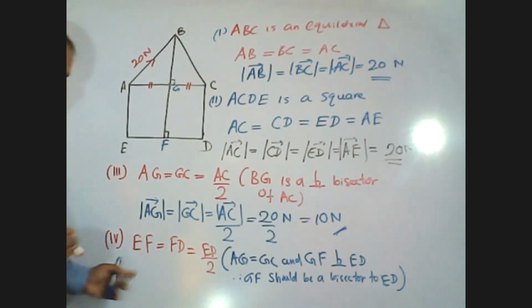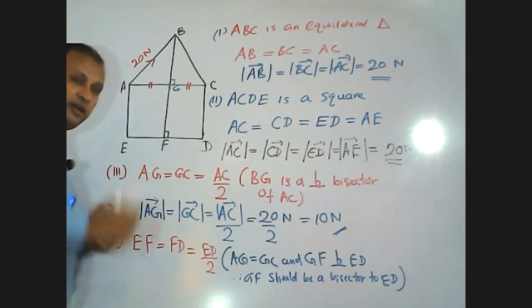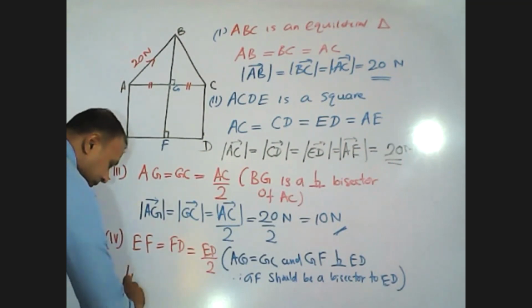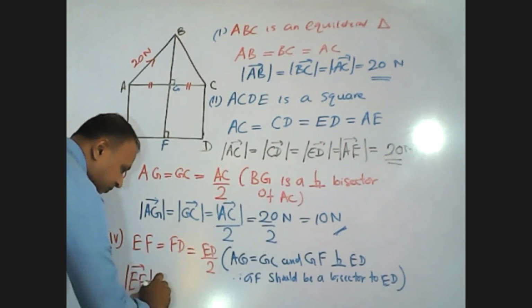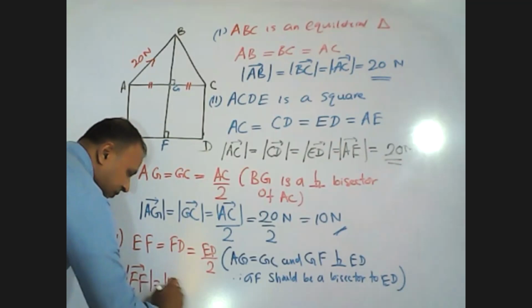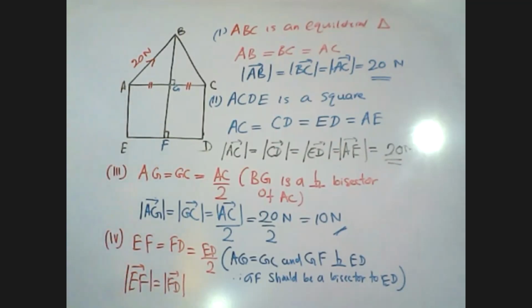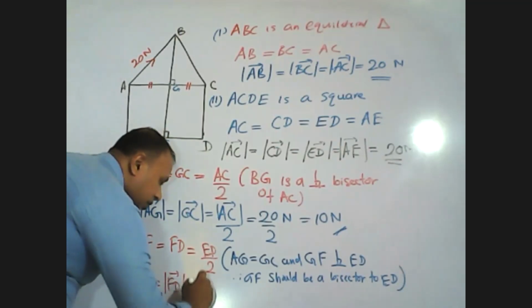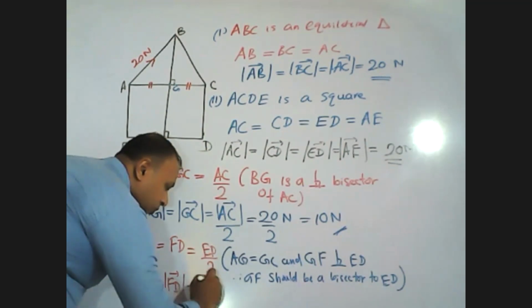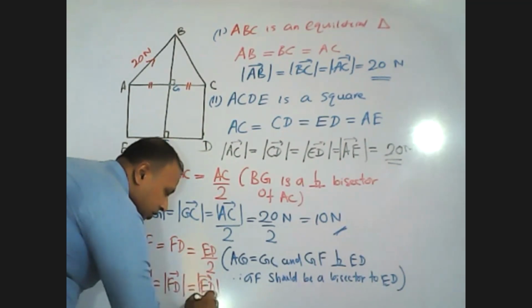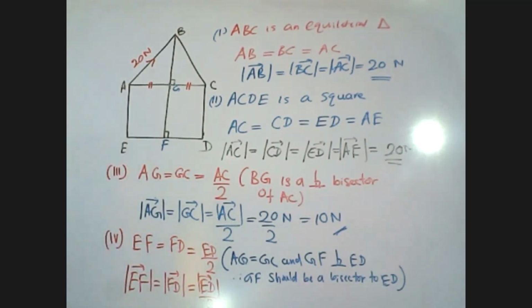That means the magnitude of the EF vector and the FD vector should be equal to the magnitude of the ED vector over 2.